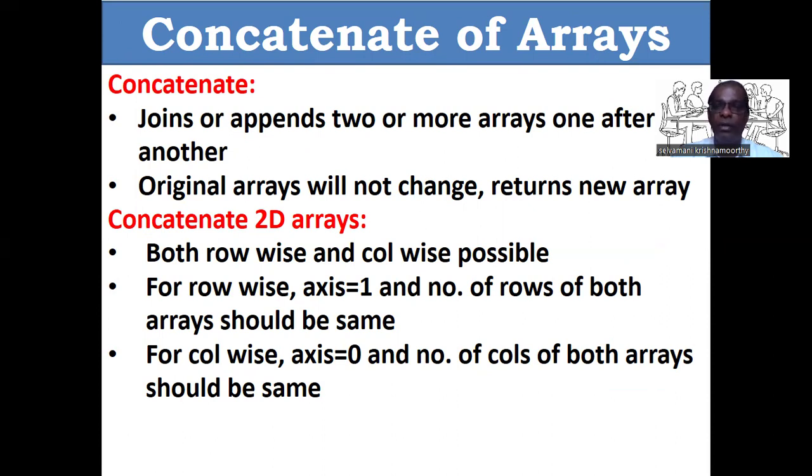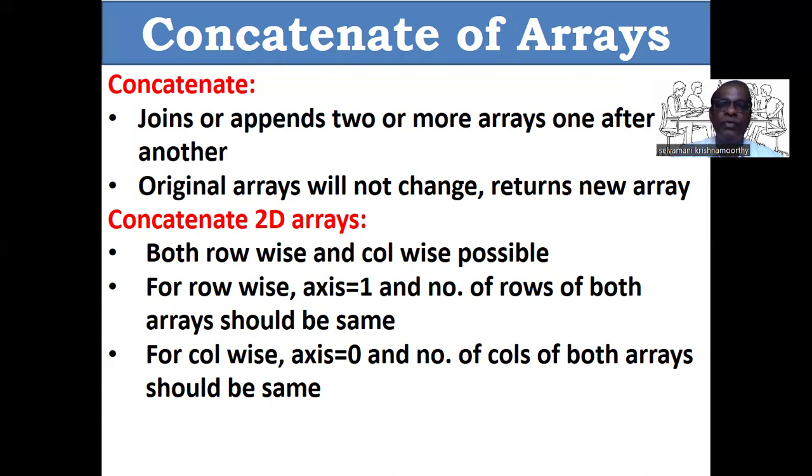This can be done by concatenate. Original arrays will not change, but it returns a new array. That means we have two arrays, and these two arrays will be concatenated or appended or joined to produce a new array. The original two arrays will not be disturbed.